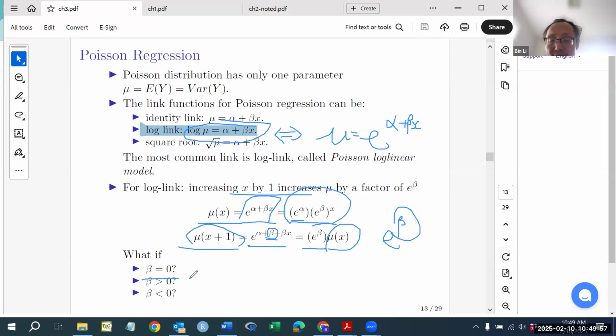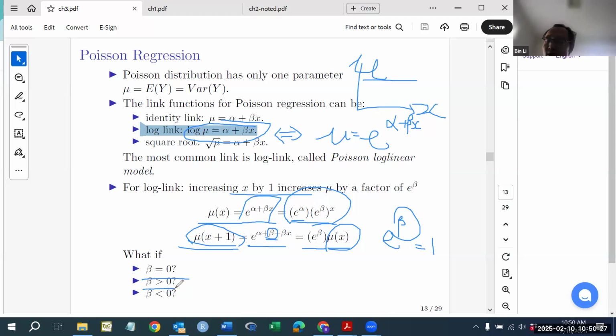What if beta equals 0? If beta is 0, then e to the power of beta is 1. So mu x plus 1 and mu x are the same. In other words, mu is a constant function of x, because if x changes, mu x is the same. It's a constant.